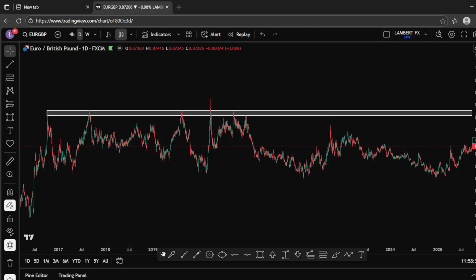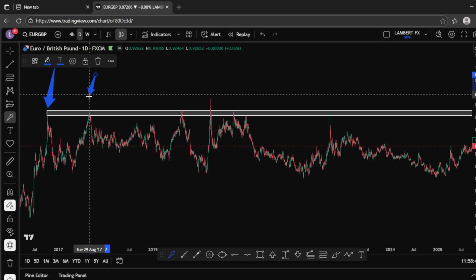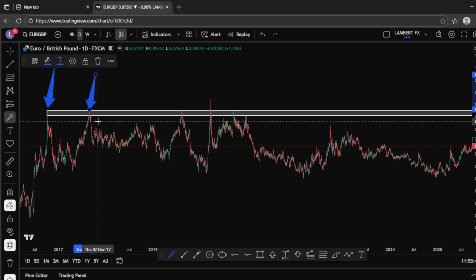And then I make sure that I wait for 3 touches minimum. The reason is that by the time we had the first rejection, a lot of traders won't be interested in that level. By the second one, some will be interested, wanting a confirmation. Three touches is mostly when people say, yes, I've got a confirmation.